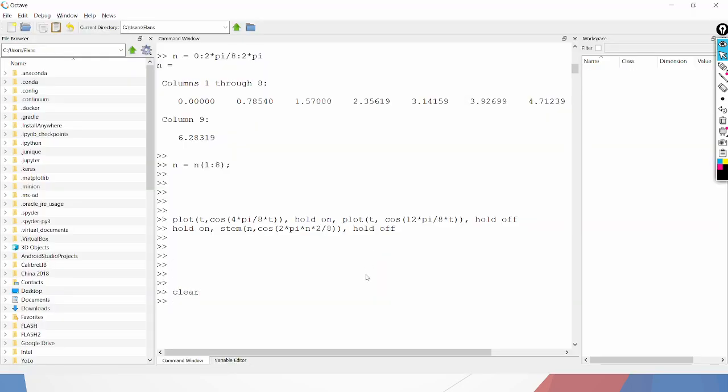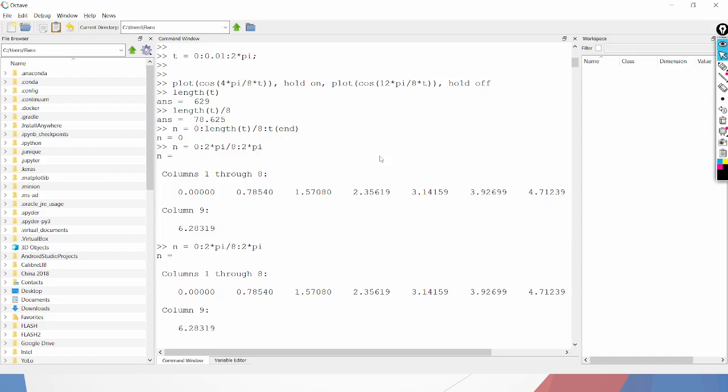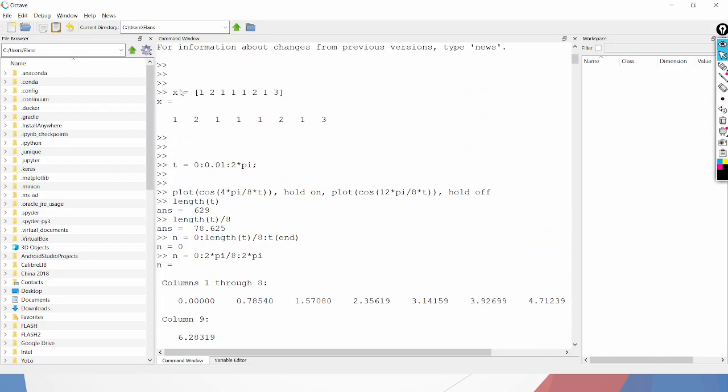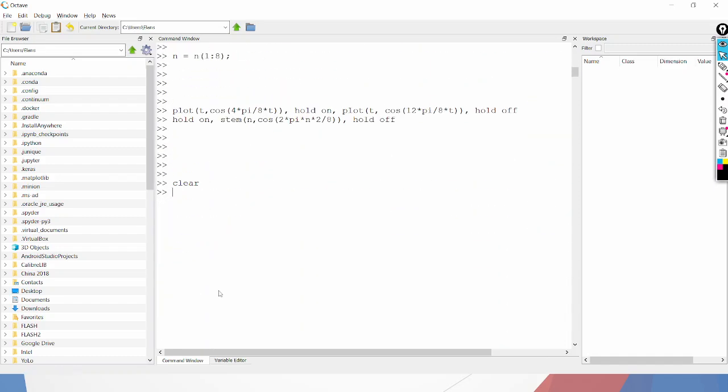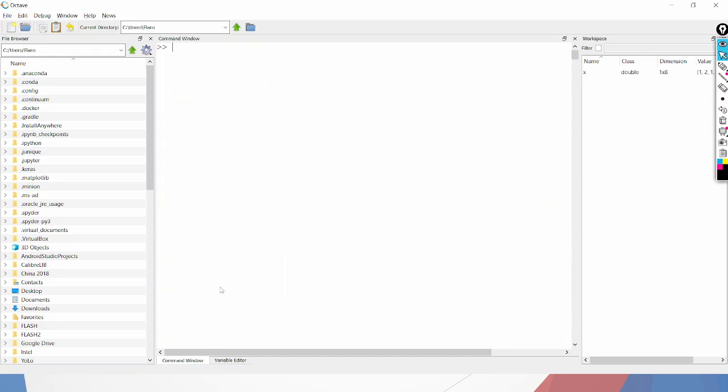Clear. Wait, but I wanted to have this signal. So N is going to be a row vector. K is going to be a column vector. If I now multiply a column with a row, not like we usually do, row with a column, I would get a square matrix.